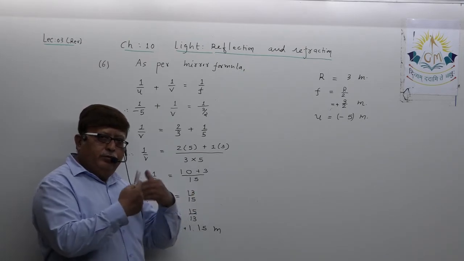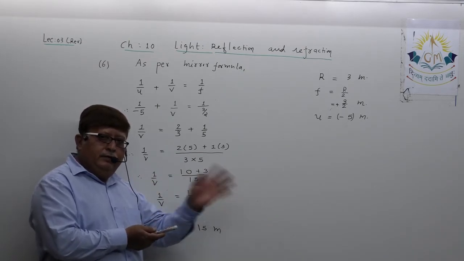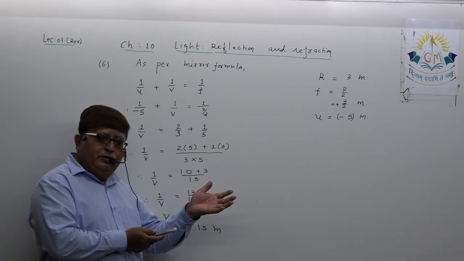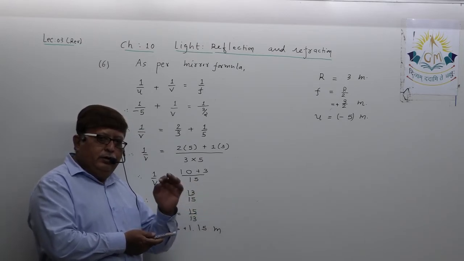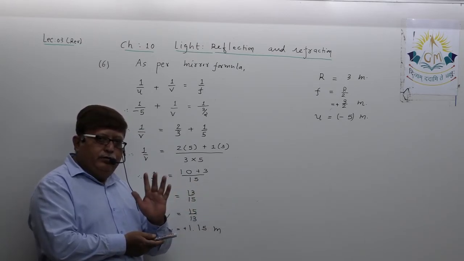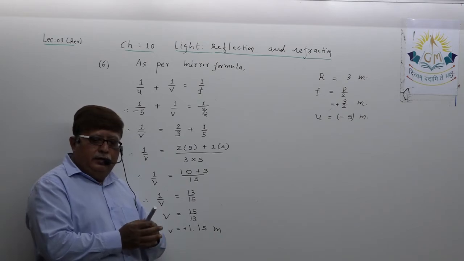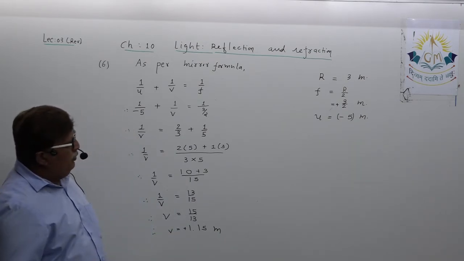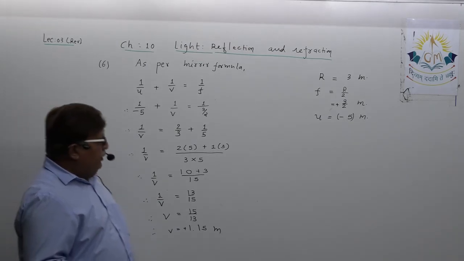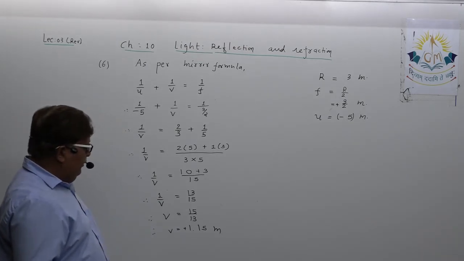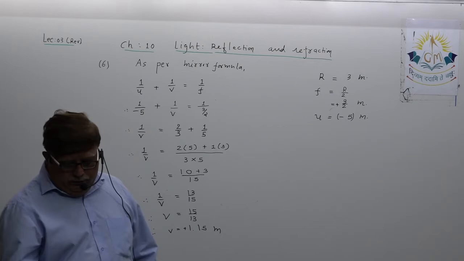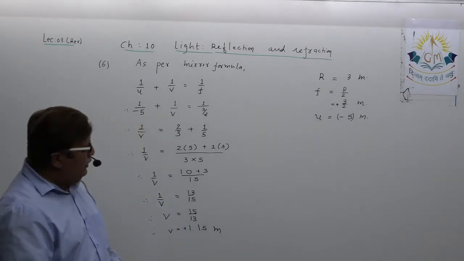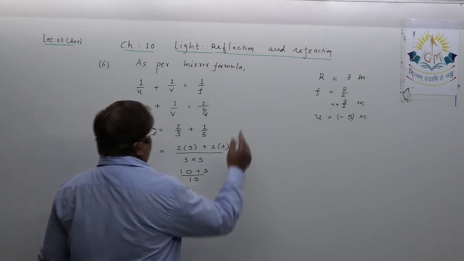And when it is behind the mirror, obviously it is virtual and erect, that you all know. We are also looking for the size of the image. That is asked, no? Yes, find position, nature, and size of the image also.